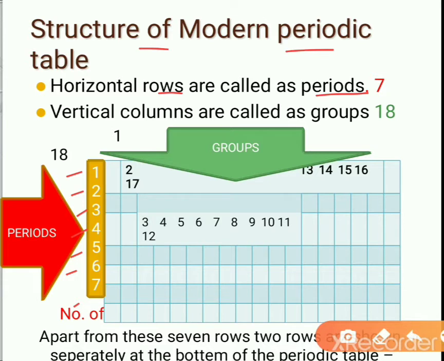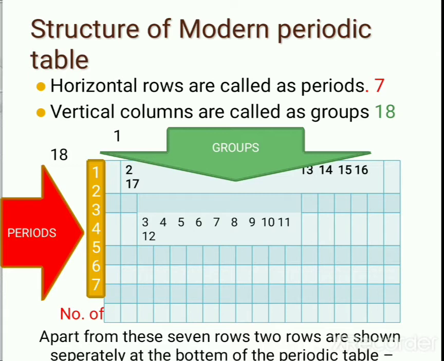It means 18 groups numbered from 1 to 18, respectively 16, 17 and 18. Means there are 7 periods and 18 groups. Periods are nothing but the horizontal rows and groups are nothing but the vertical columns.